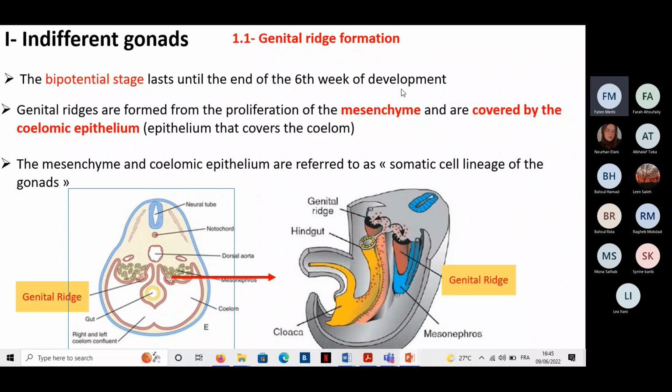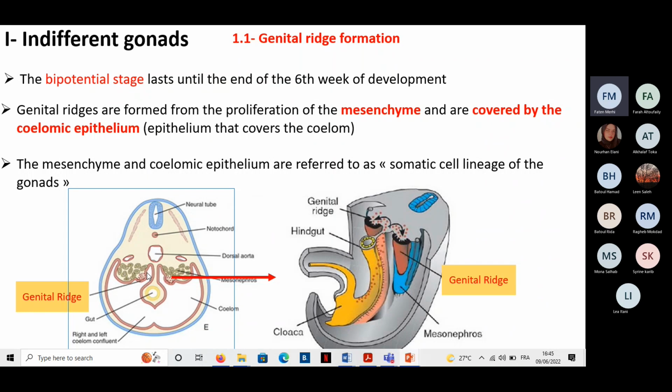And as we have said, the genital ridges are formed from the proliferation of the mesenchyme and are covered by a coelomic epithelium. The mesenchyme proliferated to form an outgrowth, and it is covered by an epithelium, the coelomic epithelium.